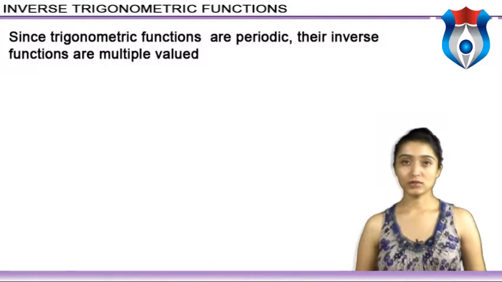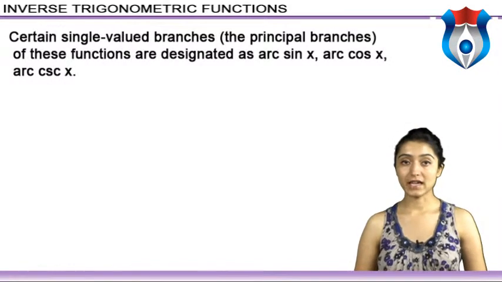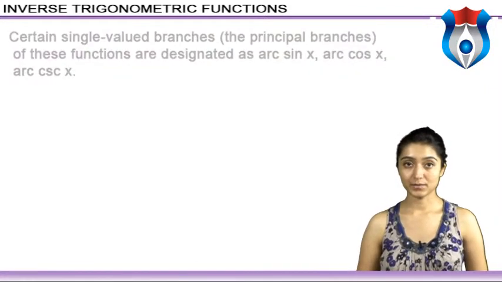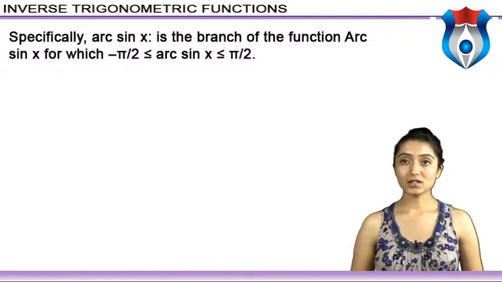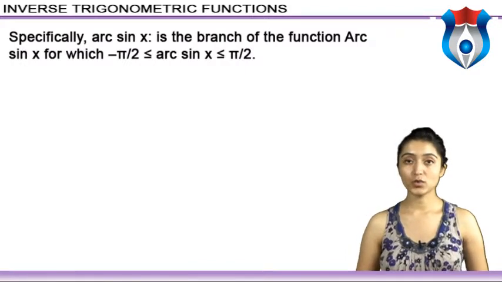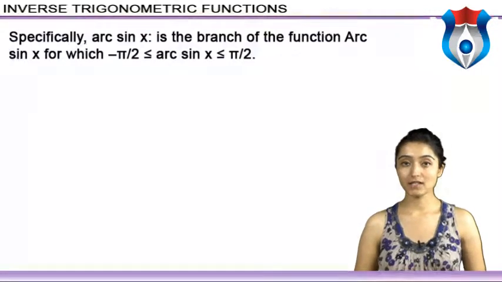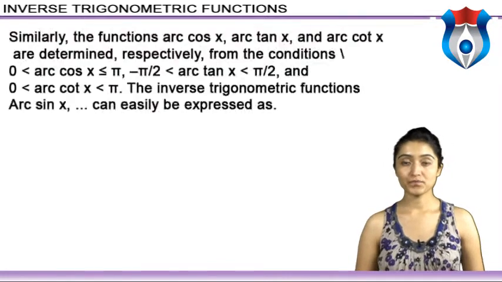The inverse trigonometric functions are designated as arc sin x, arc cos x up to arc cosec x. Specifically, arc sin x is the branch of the function arc sin x, for which arc sin x is greater than or equal to negative pi by 2 and less than or equal to pi by 2.